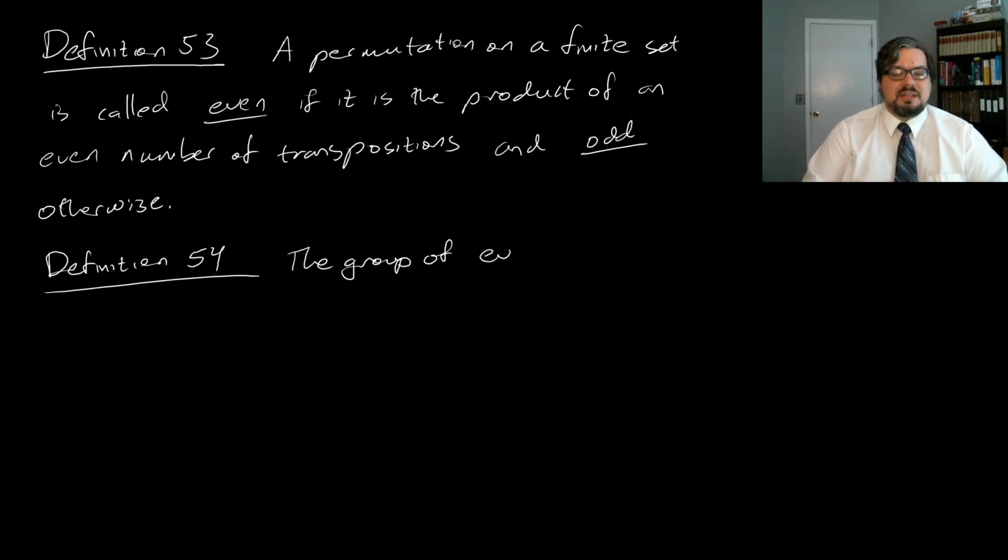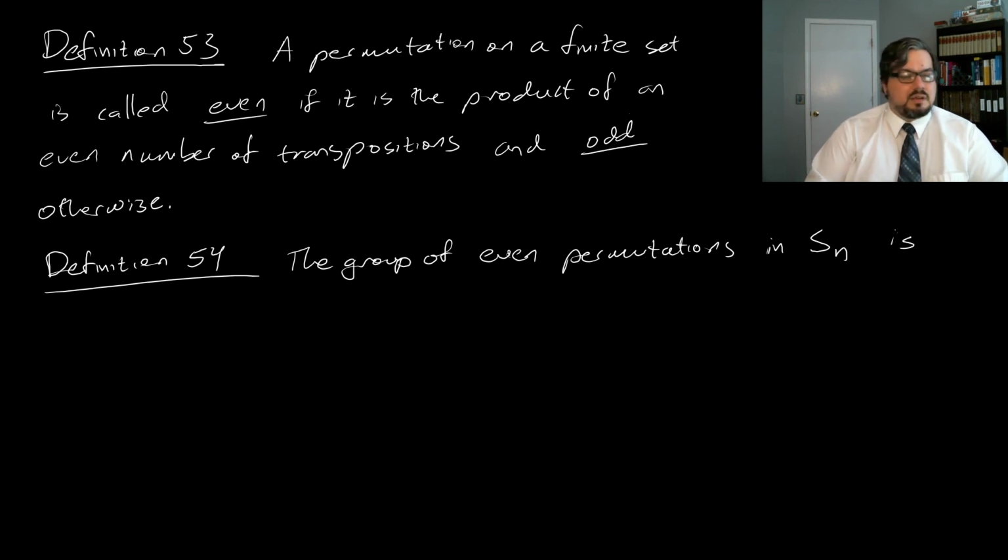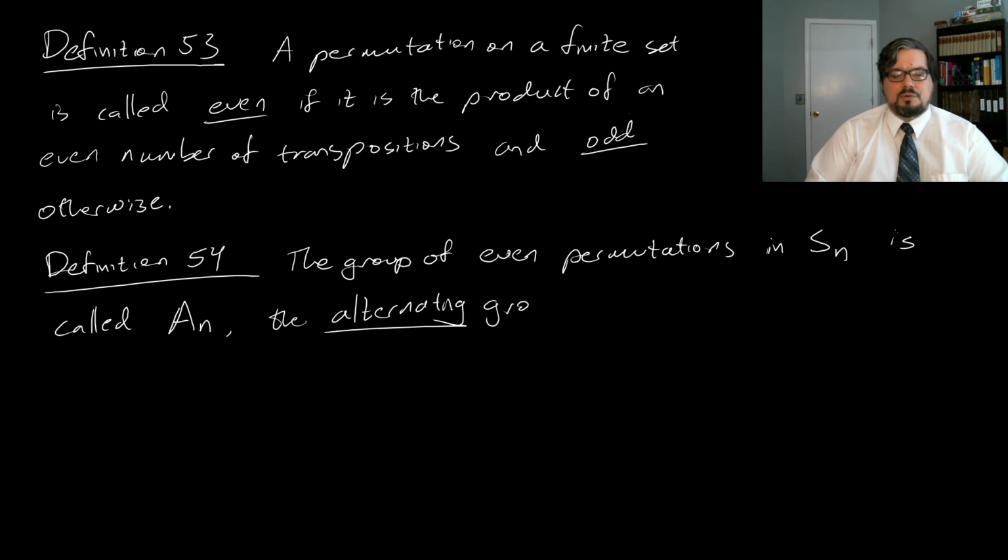The group of even permutations in Sn is called An, and it's also called the alternating group of degree n.